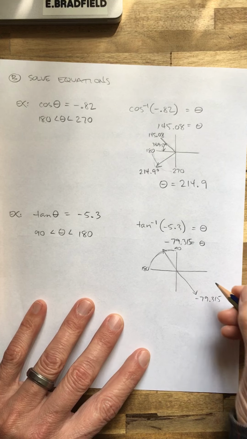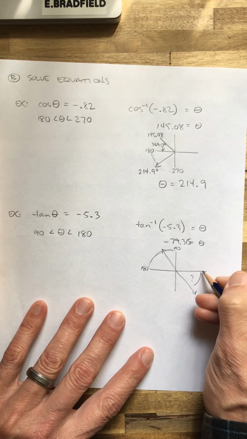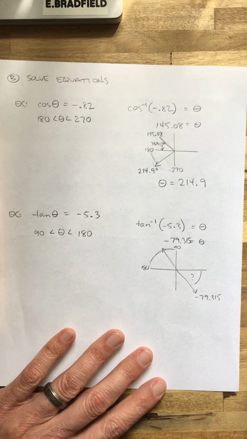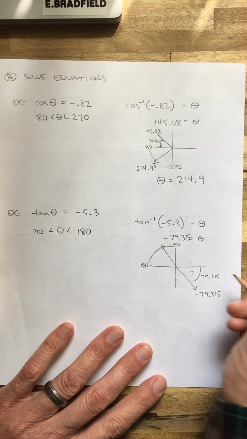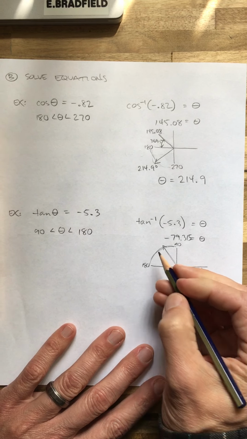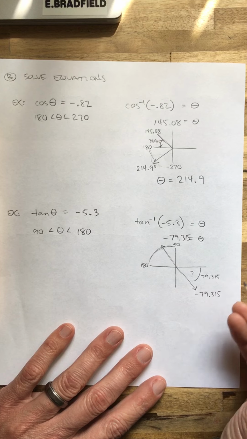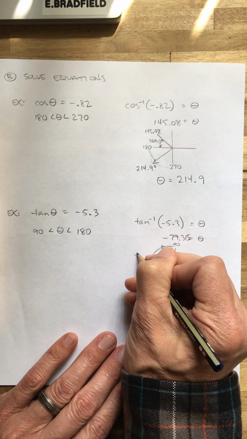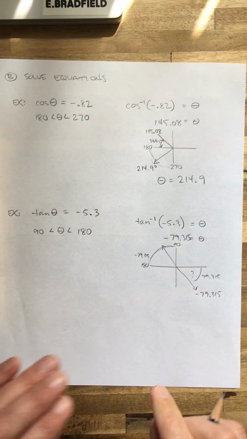Okay, so watch. What's my reference angle? What is that guy right there? Well, how far did you go? It's not a trick question, it's really that easy. It's 79.315. So if I want my angle in this section, I have to subtract off 79.315. So I'm going to subtract off minus 79.315 from 180, and it's going to give me my angle.